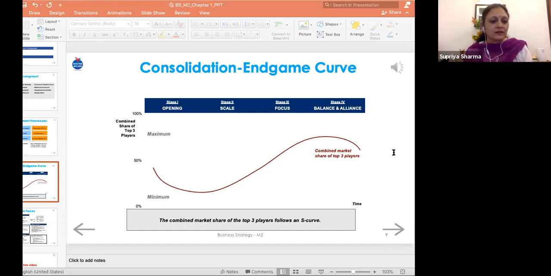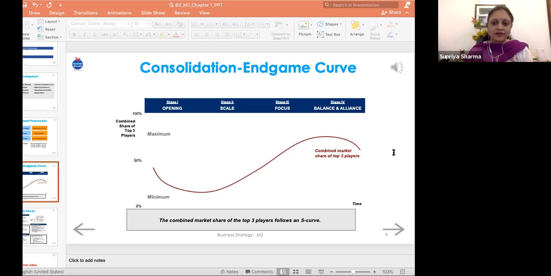But that's not a sustainable model. So as they progressed on this consolidation endgame curve, as they matured, as they started moving ahead, their strategy changed. The strategy that they followed initially is different from what it is now.